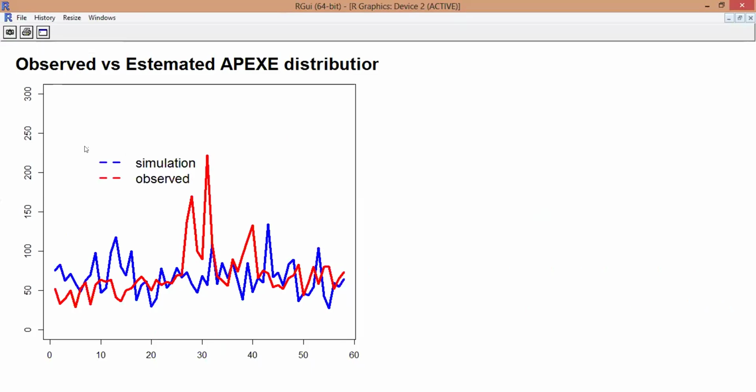Okay, you can check here. The simulation, the blue one, uses the inversion method or the quantile function, and the red one is our observed data. You can find there are some data that are very significantly different.